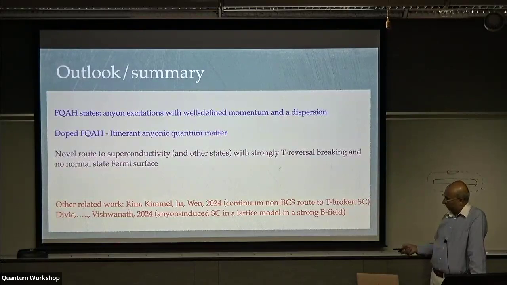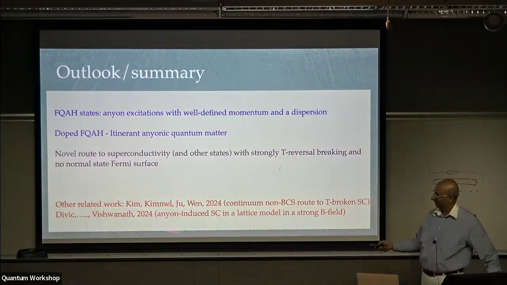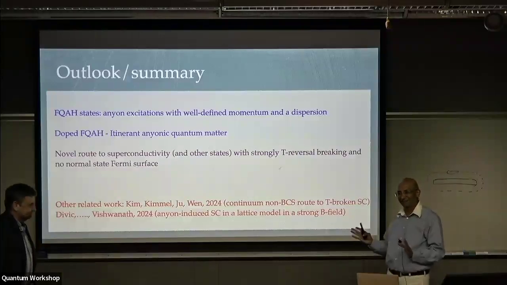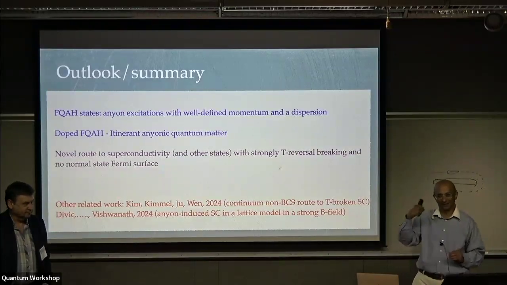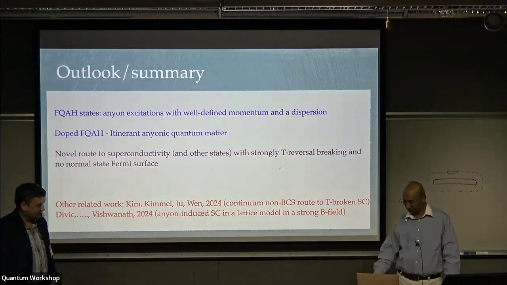And there's this other paper by Ashvin Vishwanath and his friends on induced superconductivity in a lattice model in a strong magnetic field with purely orbital coupling of the magnetic field, where Zeeman coupling is just ignored. Once Zeeman coupling is included, the story will disappear. Right? So in terms of experimental realization, if there's a way to engineer a magnetic flux without Zeeman coupling, that might also realize this superconductivity.